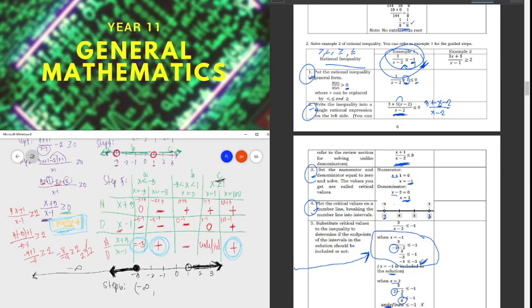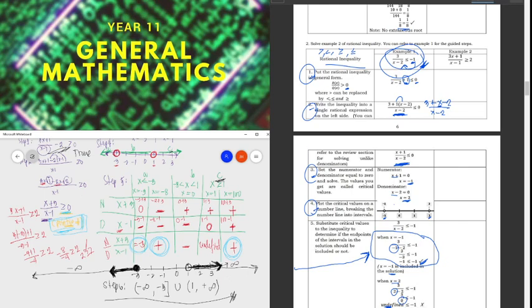Then we're going to stop at negative 3, which is included, union 1 that is not included, to positive infinity. Still the same, this is positive infinity. So this is now our final answer, or this will make the solution true. Okay, so that's it.